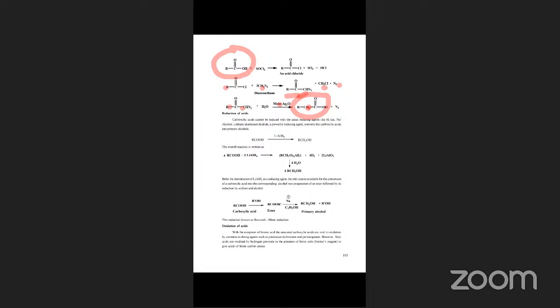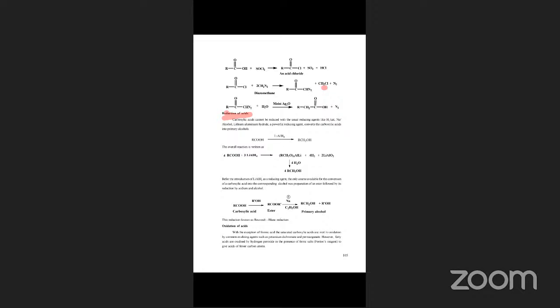This is also chemical properties as well as short answer questions. Now, clear? Yes, sir. Next one, put the heading: reduction of acids. This one is simple, reduction of acids.